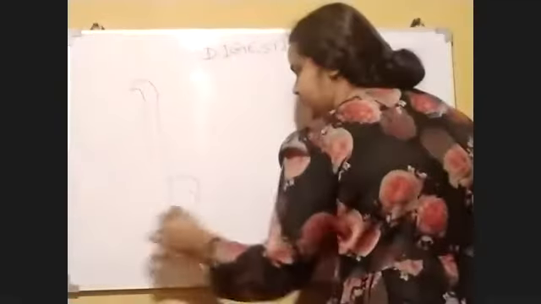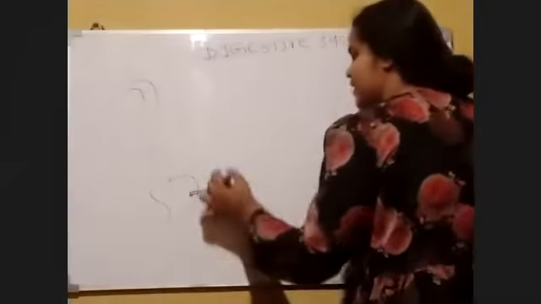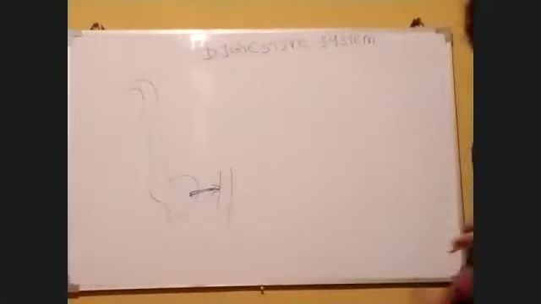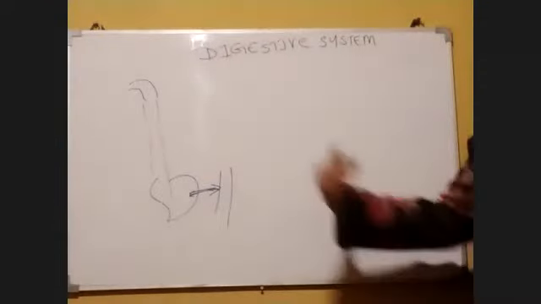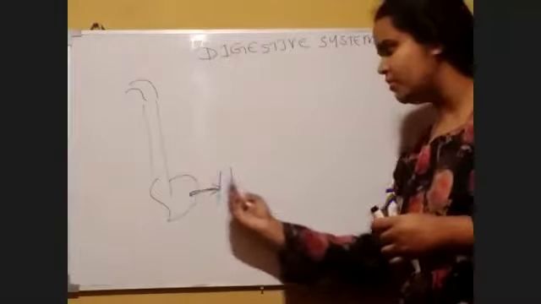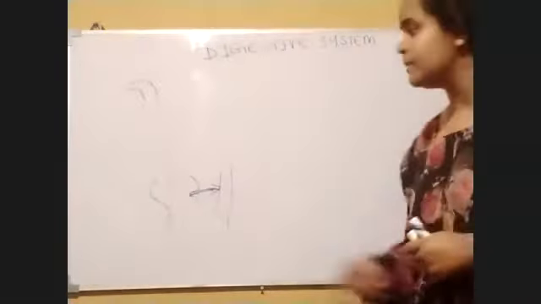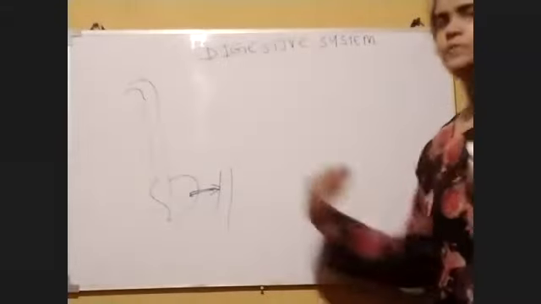But from this digestive system, these nutrients have to be transferred into the blood capillaries. To get energy, these nutrition forms should be transferred into the blood capillaries. So after digestion, they should be absorbed into the blood.